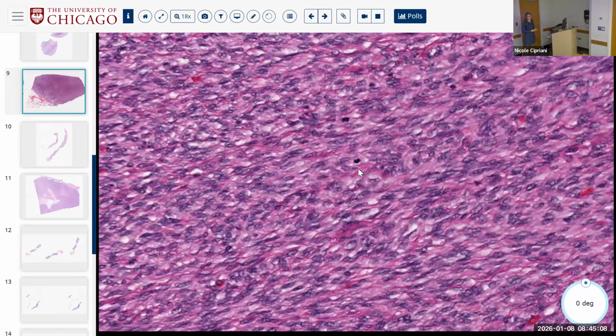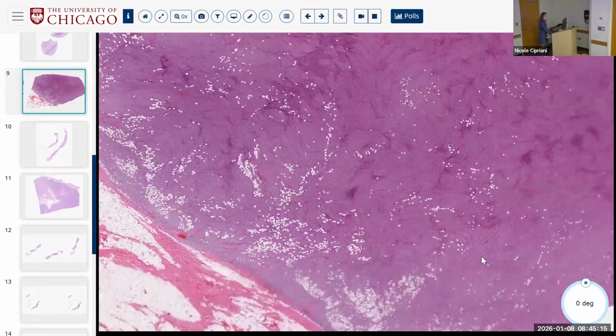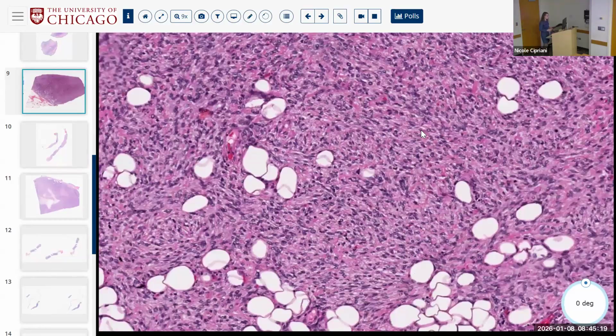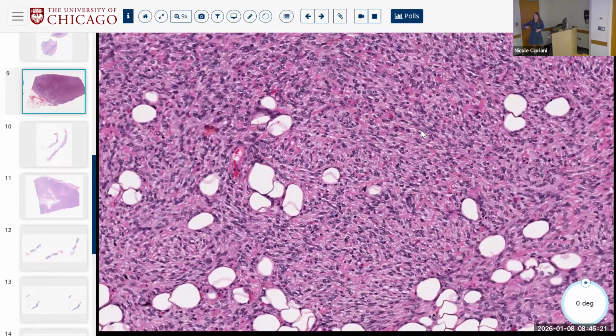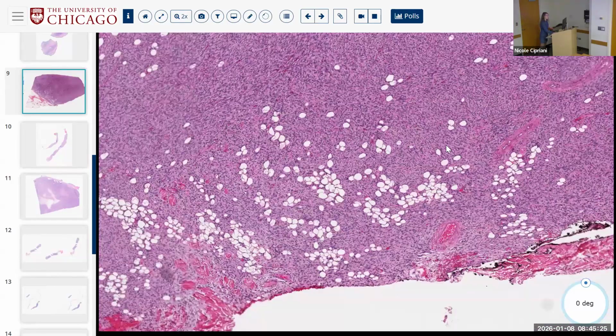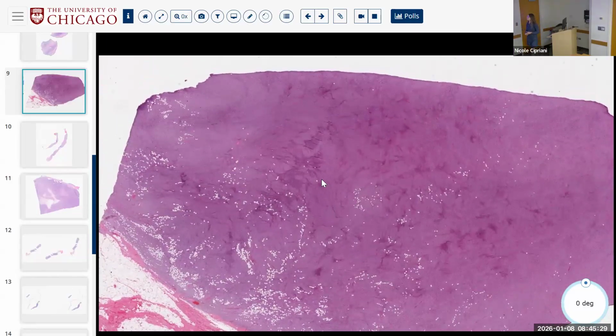Now the patient is at risk for distant metastasis. So once you make a diagnosis of DFSP, which may be somewhat more like up here, with shorter fascicles and honeycomb infiltration, don't stop there. Always ask yourself, can it be worse? Can you have fibrosarcomatous transformation?